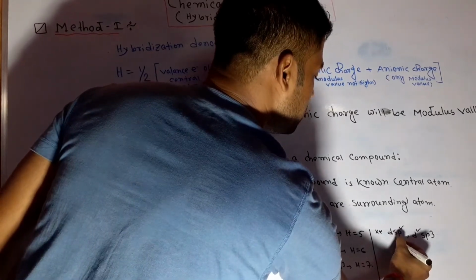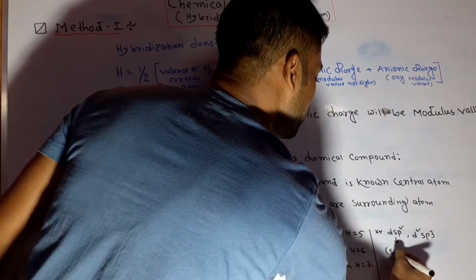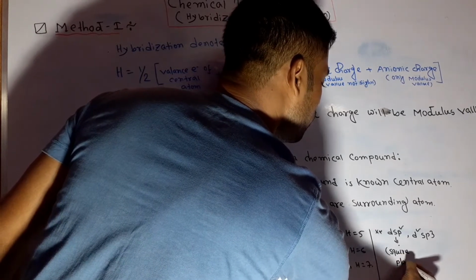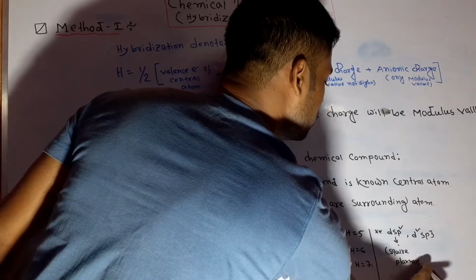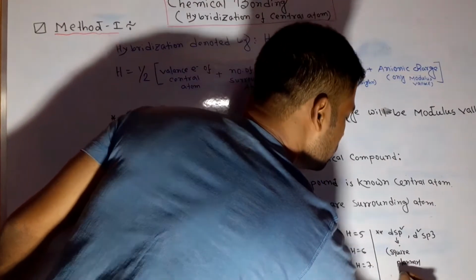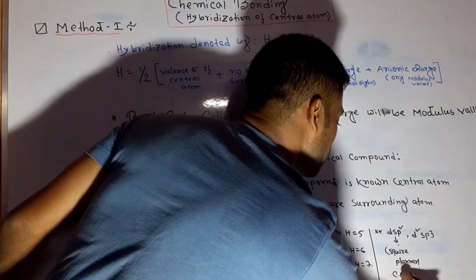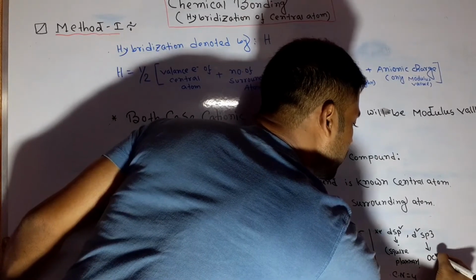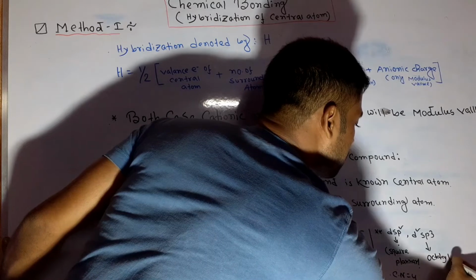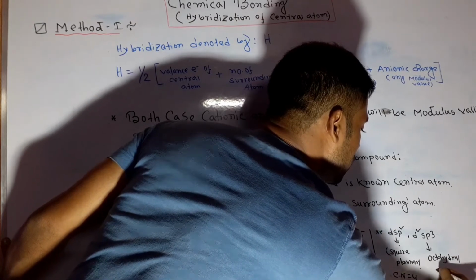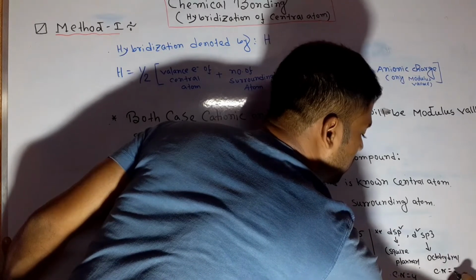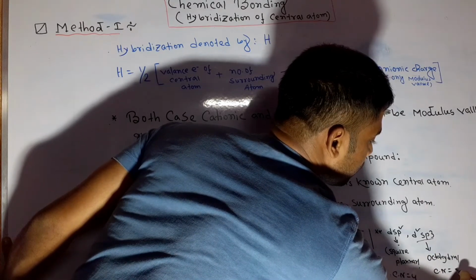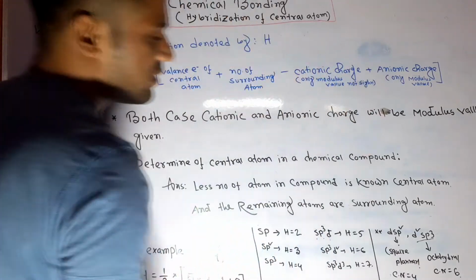What is the shape of dsp2 hybridization? Square planar shape. dsp2 shape is square planar, and the coordination number for dsp2 hybridization is 4. d2sp3 shape is octahedral, and its coordination number is 6.